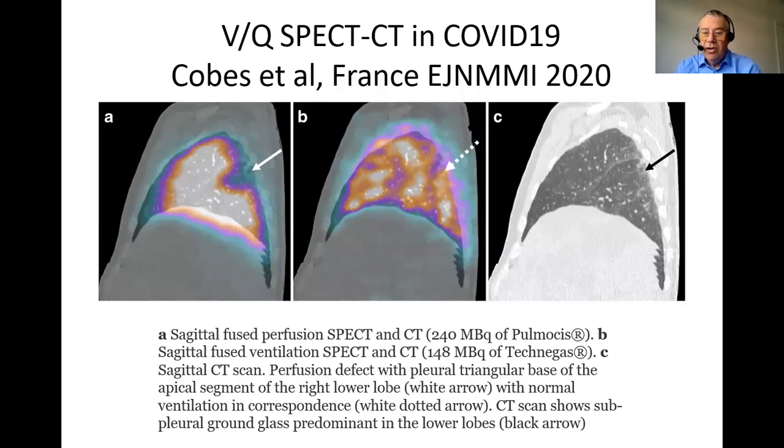And in fact, when we look at the CT scan, we can see there are changes consistent with an infarct. So this is a pulmonary infarct, but this is related to a COVID thrombosis with very poor ventilation across the lung. And we're just beginning to learn how we can use VQ SPECT-CT in patients with COVID.